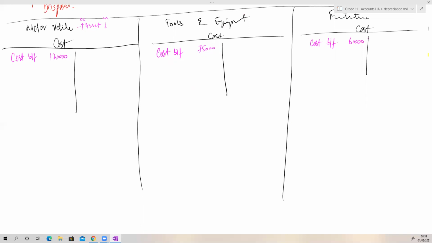And when asset increase, we record it on the debit side or the credit side? Debit side. ठीक है जी. So we will write all the additions over here. 40,000, 30,000, 20,000.